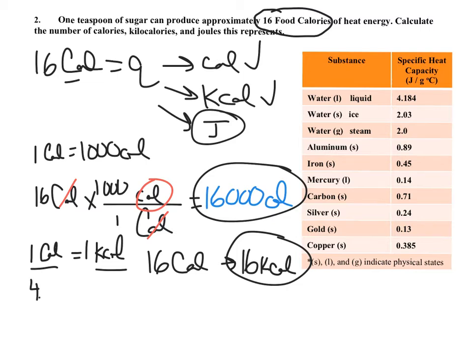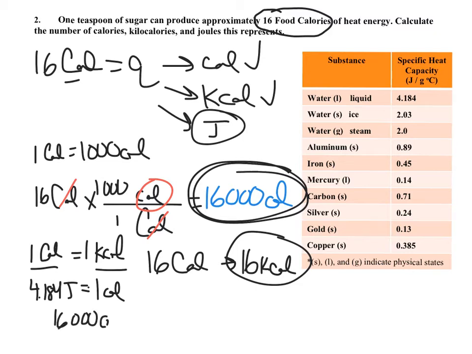Now the last one will take a little bit more work. I know that there is 4.184 joules for every 1 science calorie. So I need my answer in joules, but lucky for me, I already have the science calories figured out. Let me take my 16,000 science calories that I converted from kilocalories, and convert that into joules.